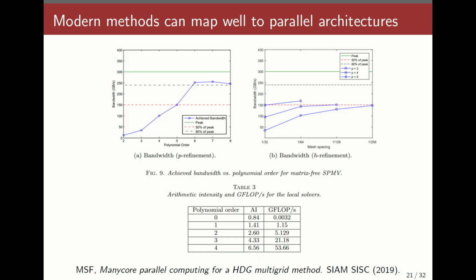And so for these lower order techniques, or these more classical methods, the arithmetic intensity and the amount of computation we're doing overall is going to be much lower than some of these more modern techniques. If we look carefully at these techniques in a vacuum for certain toy model problems, we find that some of these modern techniques are quite promising, and they map well to these emerging architectures.